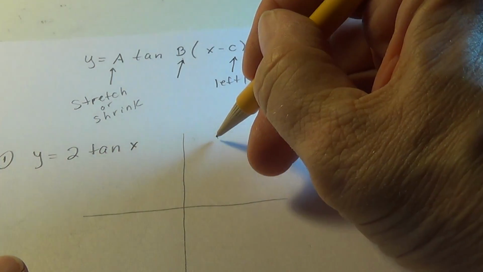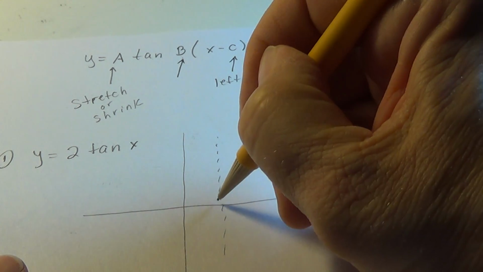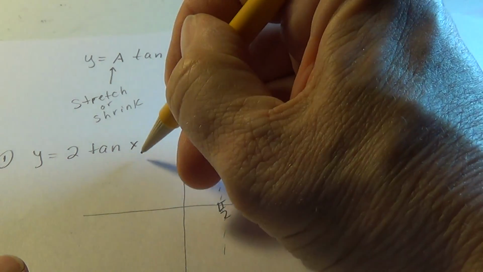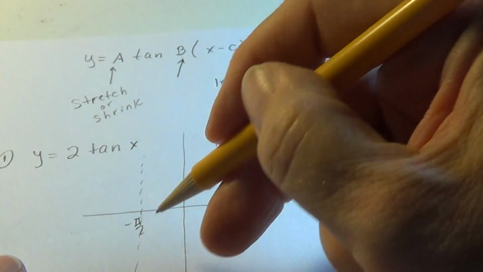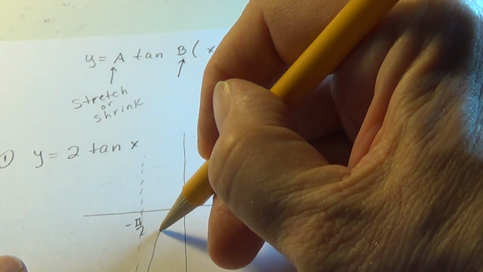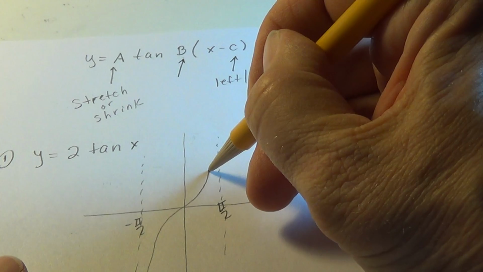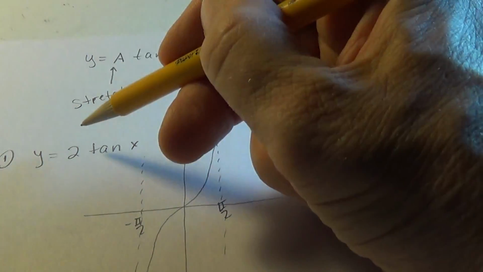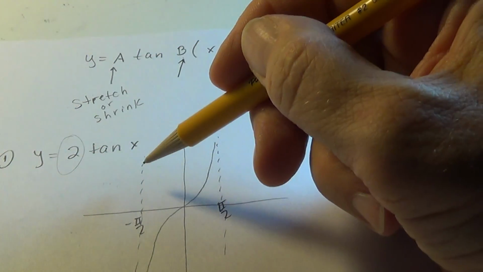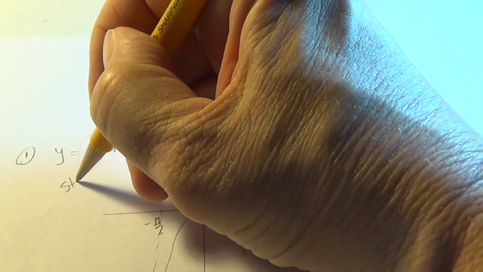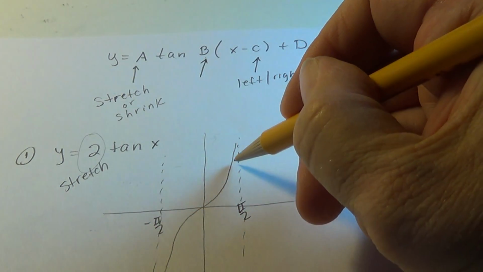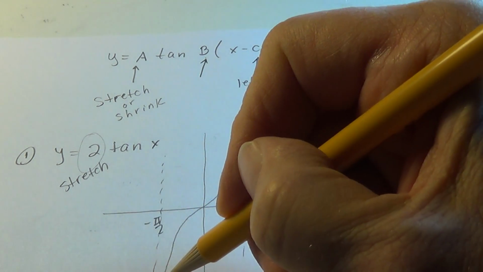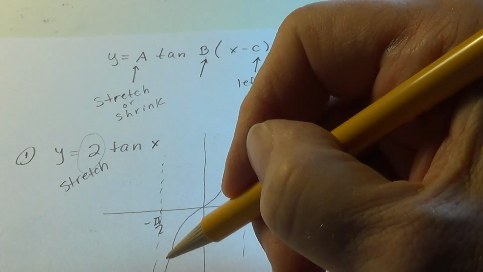Remember, the tangent has an asymptote here and another one over here. And the normal tangent curve comes up with a little bit of a wobble and then goes like that. This too is going to stretch that out. Stretch it out. So instead of it being like this much wobble, there's going to be even far less wobble.